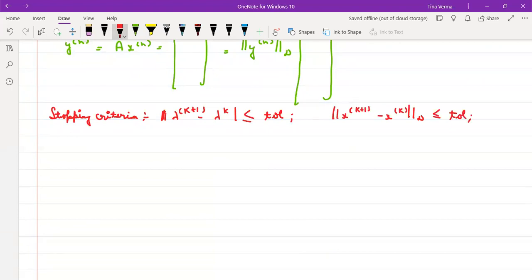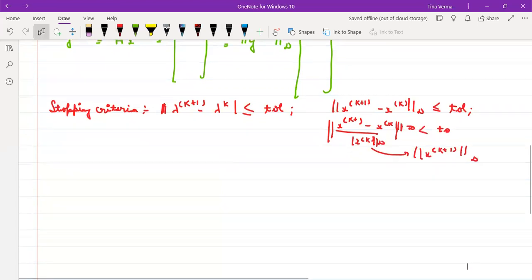Or you can say for your relative error, that x k plus 1 minus x k, divided by x k plus 1, the norm. So stopping criteria can be anything.